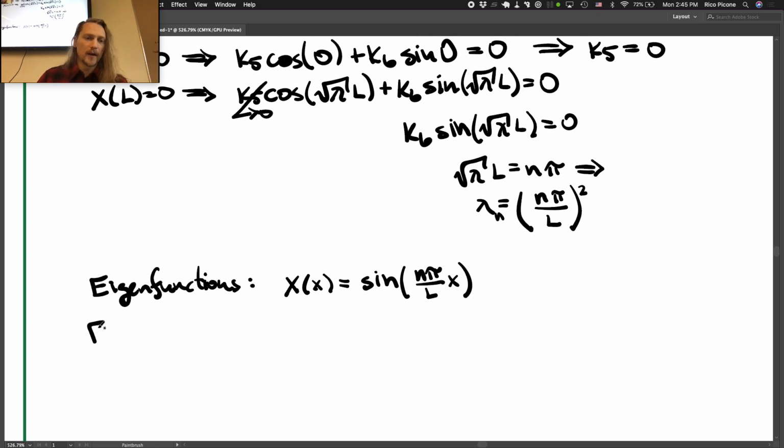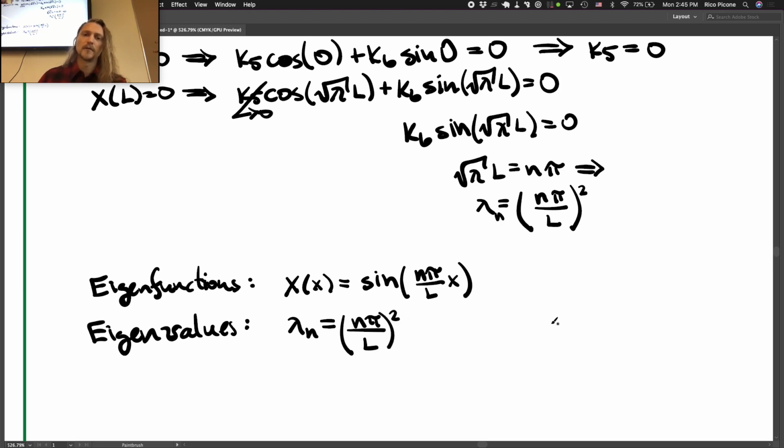And we have corresponding eigenvalues, which are the values of lambda, right? Lambda sub n equals n pi over L squared. Okay.